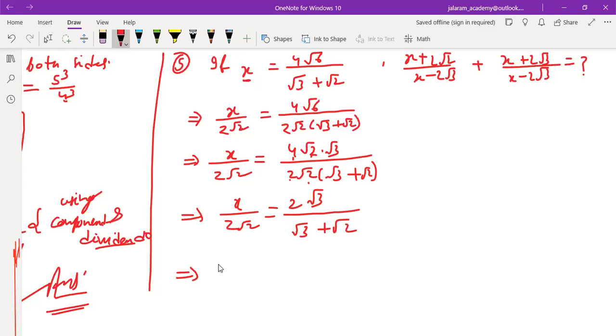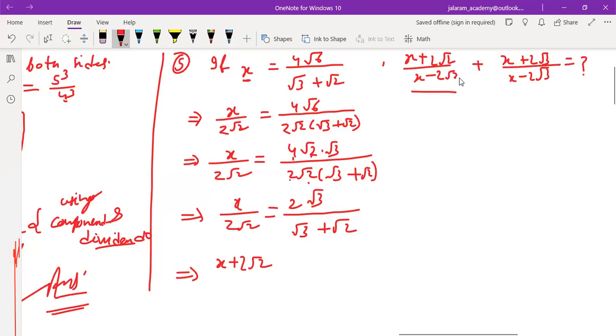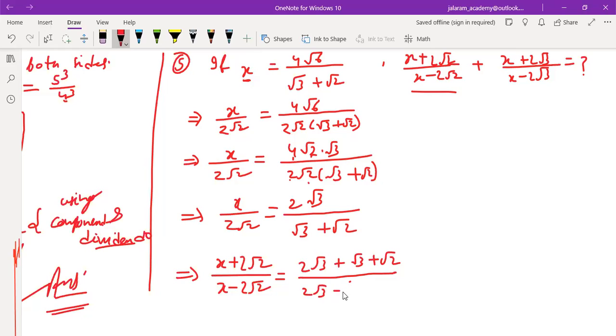Now if we use componendo and dividendo in this, we can get the first term, x plus 2 root 2 over x minus 2 root 2. So when we use componendo and dividendo, we get x plus 2 root 2 over x minus 2 root 2 equals to 2 root 3 plus root 3 plus root 2 over, whenever there is minus, I have told you to use the bracket, root 3 minus root 2.